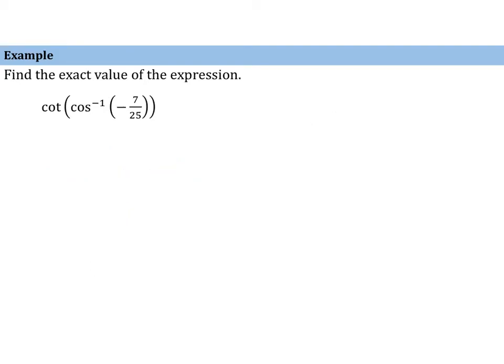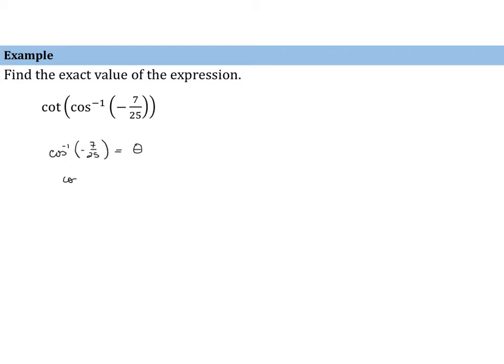So let's do something similar for this expression. Here we have the inside function is arc cosine of negative 7/25. So let's let arc cosine of negative 7/25 equal theta.